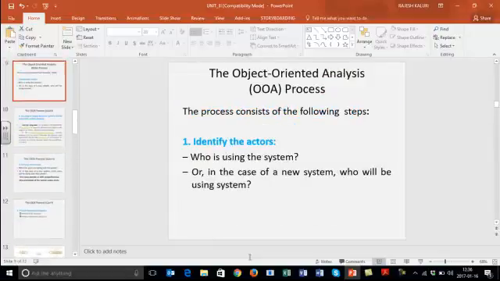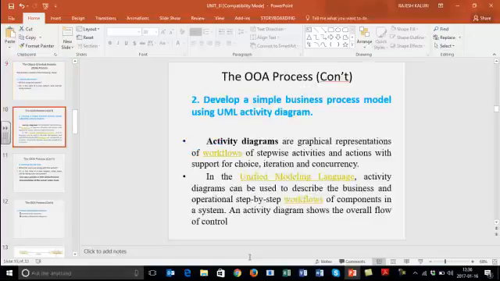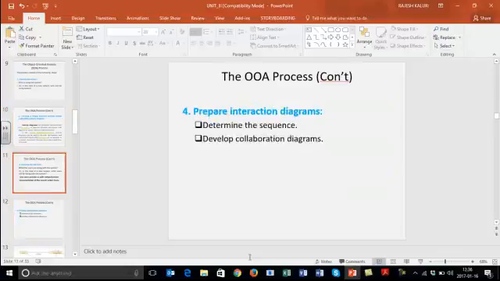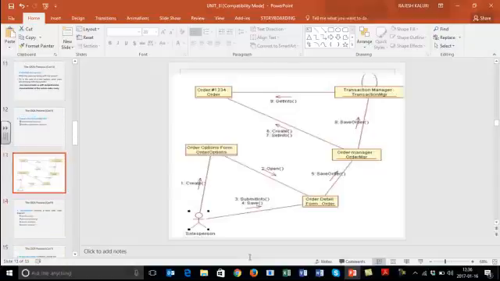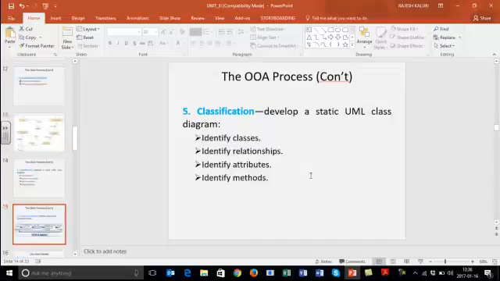Identifying actors is very important, because this process cycle is very important. Identifying actors and developing activity diagrams for business process models, then the third is developing use cases and interaction diagrams. We even discussed one case study here for an order application, and then classification will be the next step, and then iterate and refine.